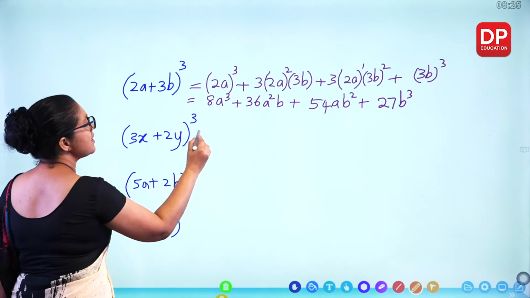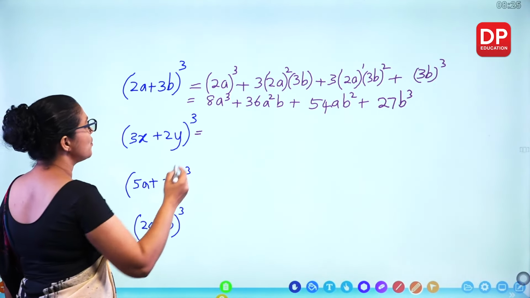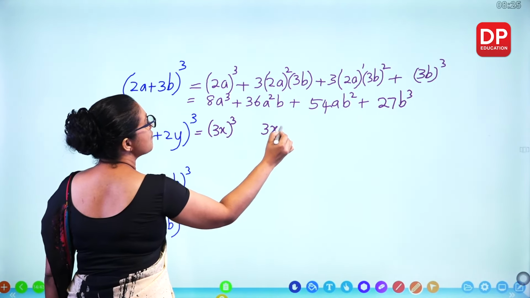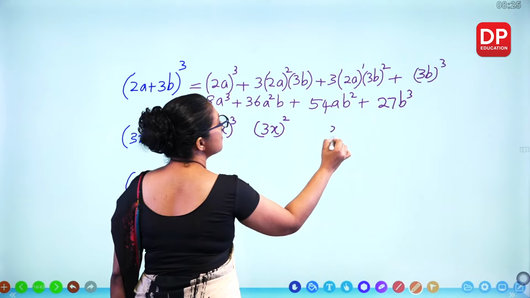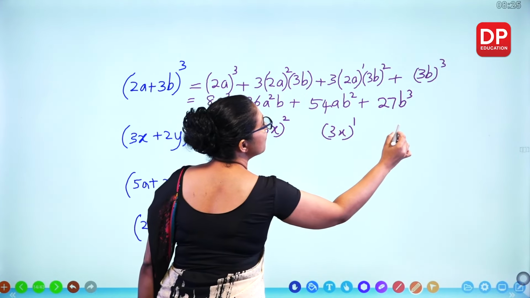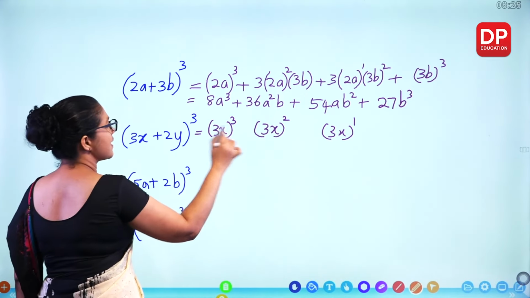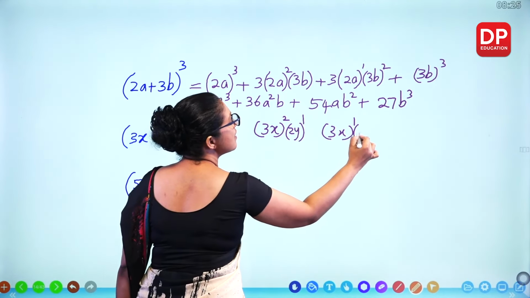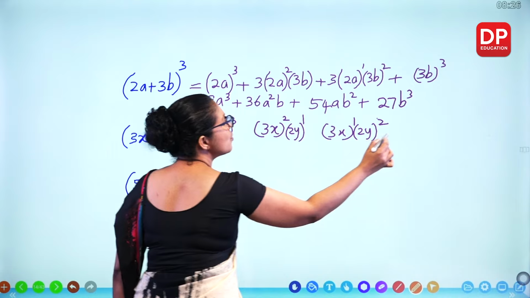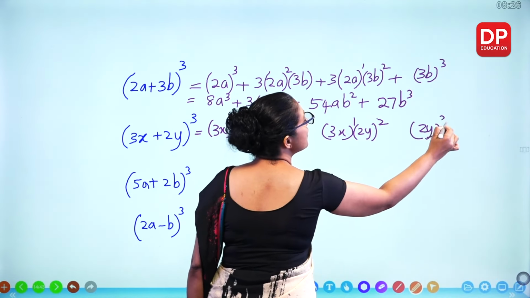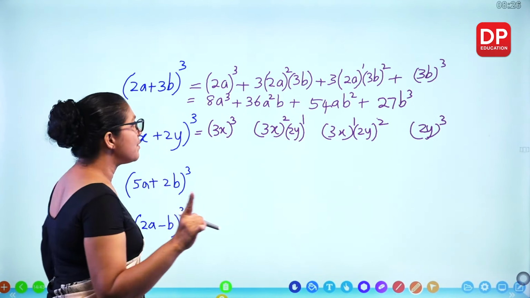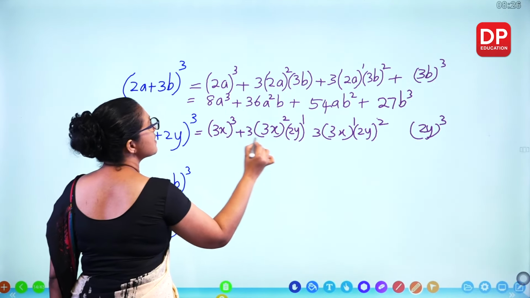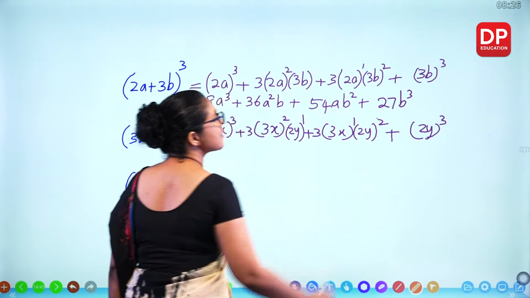Now try to expand this one. Make sure that you put brackets. First term cube, first term squared, first term 1, first term 0. Then the second term you get starting from power 1, 2y power 2, 2y power 3. Then remember to put 3 there, first and second, and then pluses, pluses, pluses.